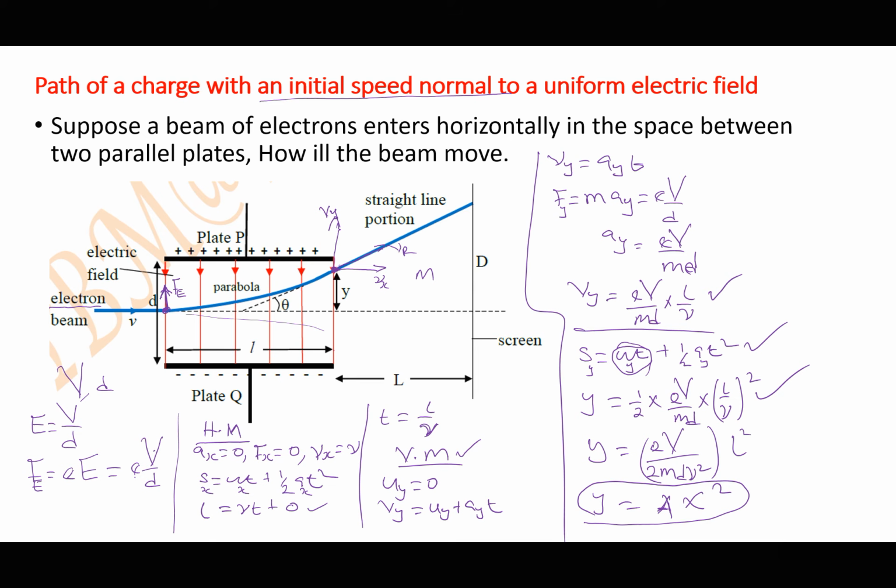Okay, so we have noted y1. I will call this vertical displacement y1 when it is just emerging, E V over 2 m d v squared times L squared.